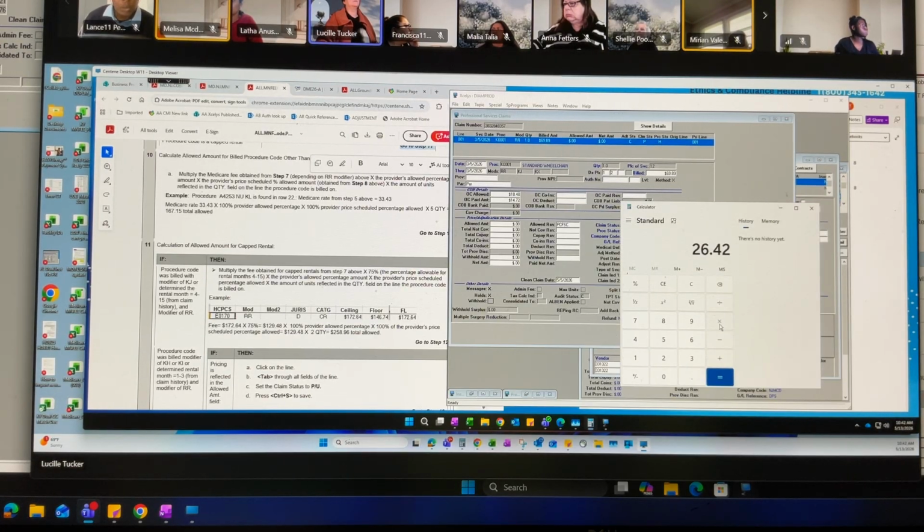I'm going to multiply that by 0.75. That gives me my first cutback to the 75% of the Medicare fee schedule. So now I'm going to apply the provider's percentage. I'm only going to do 0.70 because 100% of course is 1. So this right here is my fee.